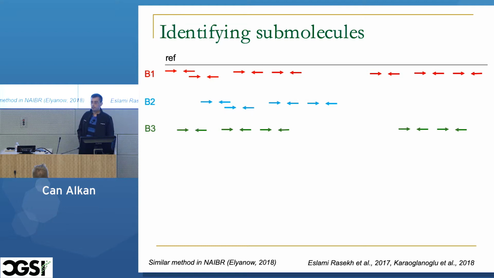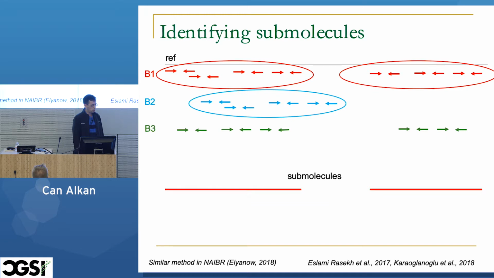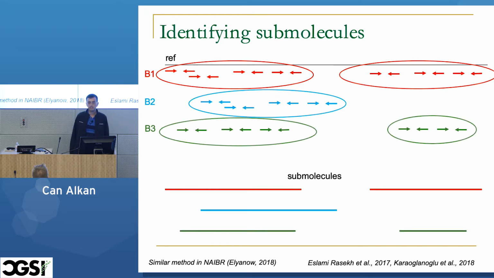So how do you identify the submolecules? As I said, these are shallow depth. These are coming from different barcodes. So basically, you just group those reads that are mapping close to each other and coming from the same barcode. So this you can group, and this you can group, and this you can group. That we call the submolecules, because you merge this information from the mapping.